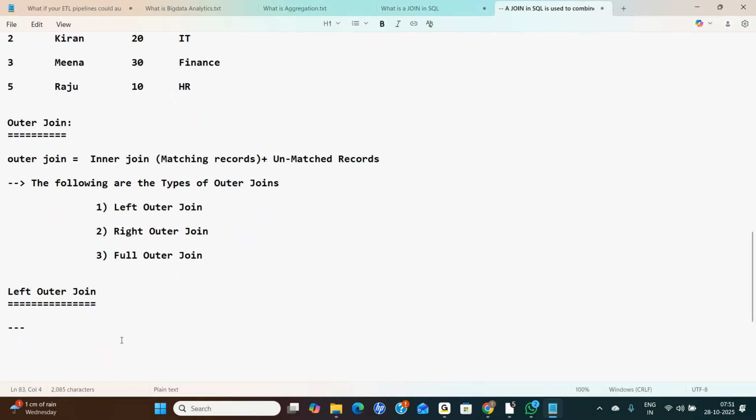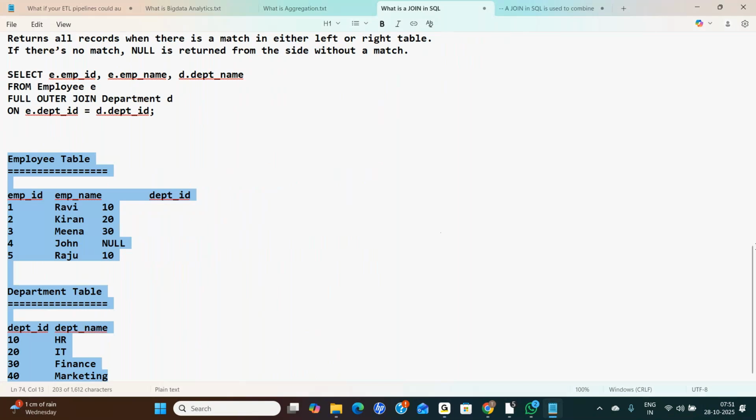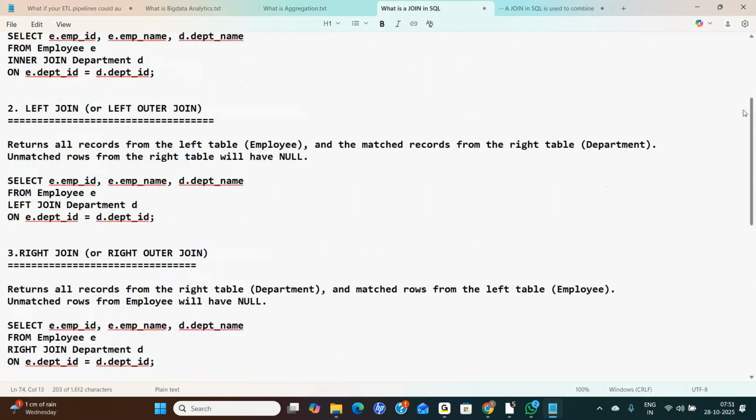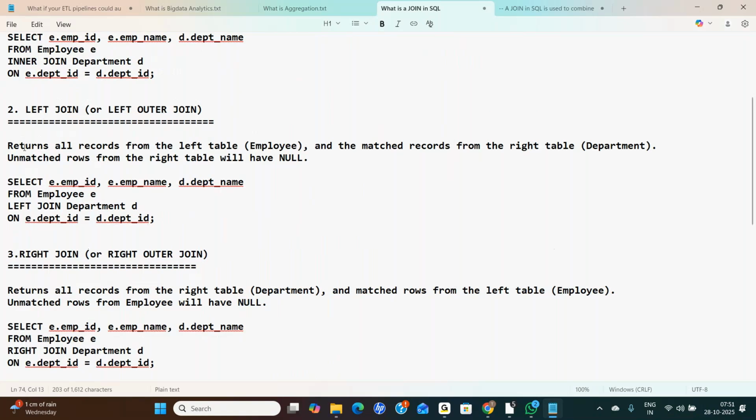Anyway, you can formulate it simply, but don't get confused. Most people I observed know it, but struggle to express the definition, and since it can be written in multiple ways, I always look for a simple one. According to my observation, a left join or left outer join returns all the records from the left table, that's the employee table, and matching records from the right table.